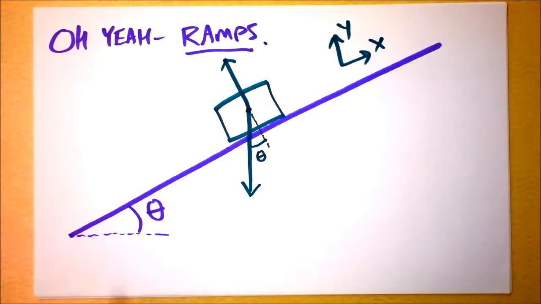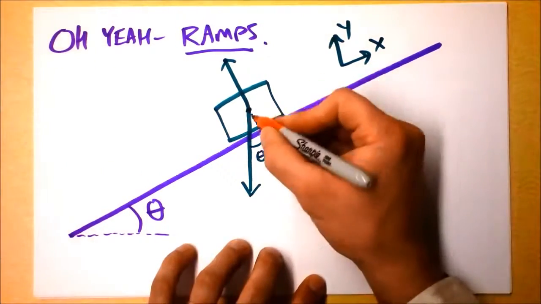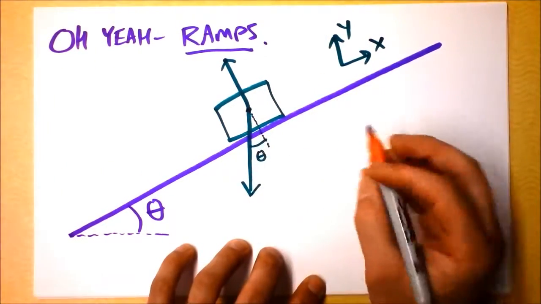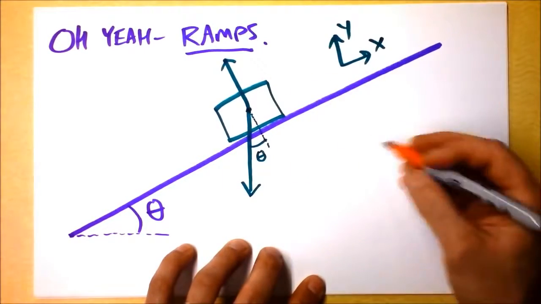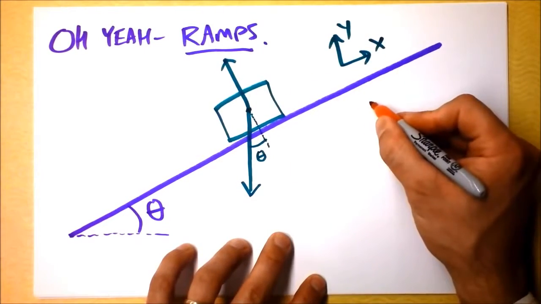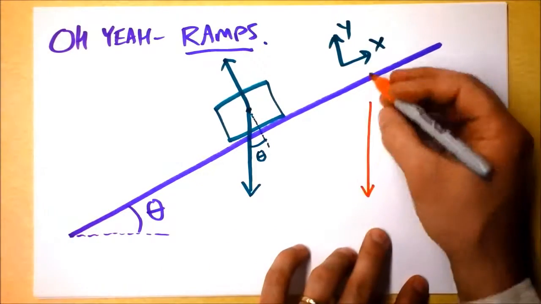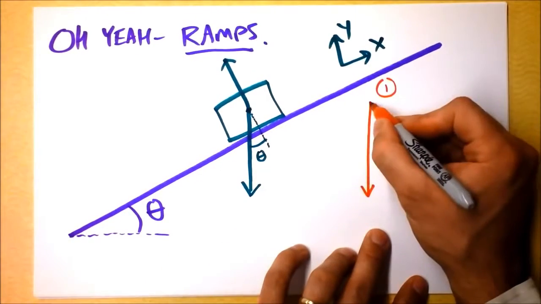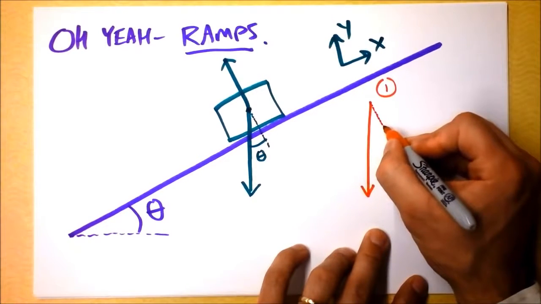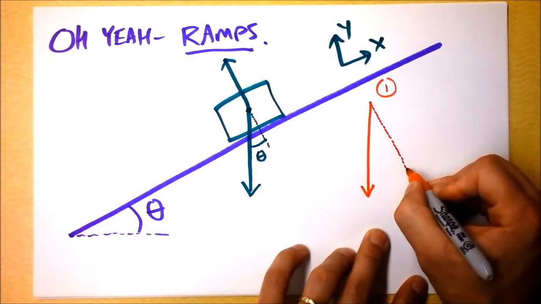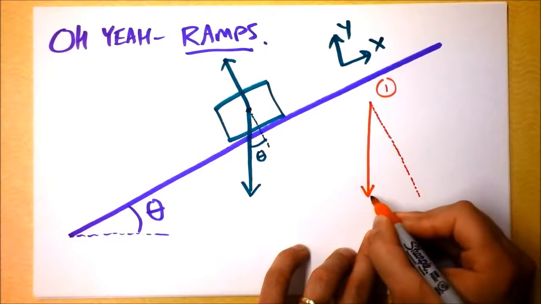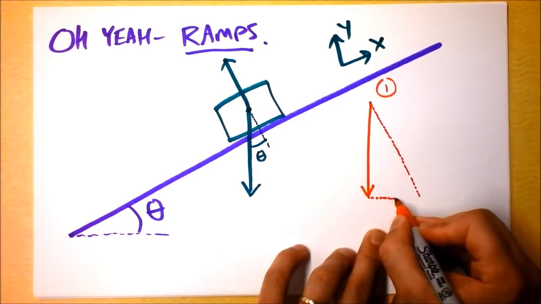And I need to draw in 2 colors for you the 2 options that you have when you resolve this vector. Do you resolve this downward vector like this, as I'm about to do in orange? Here, I'll draw them both over here. Do you draw this vector resolved like option 1, where I draw a dotted line here, and a dotted line here?